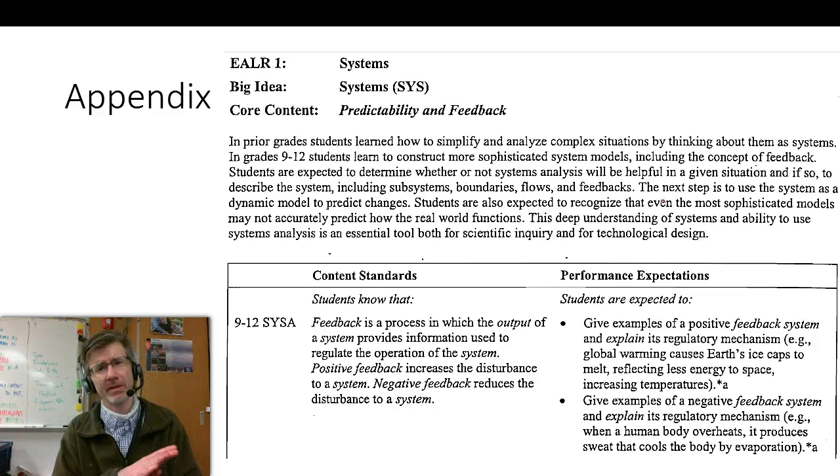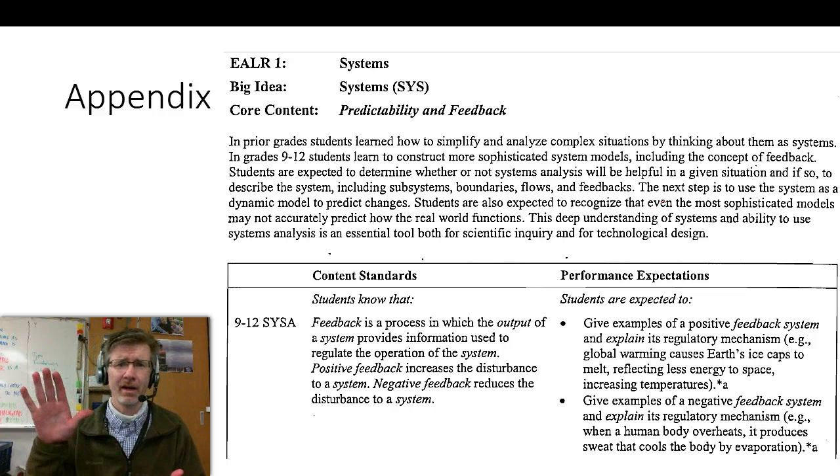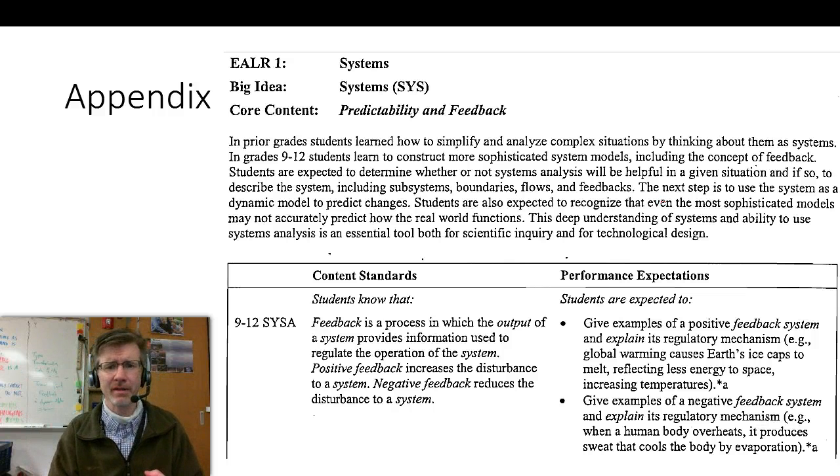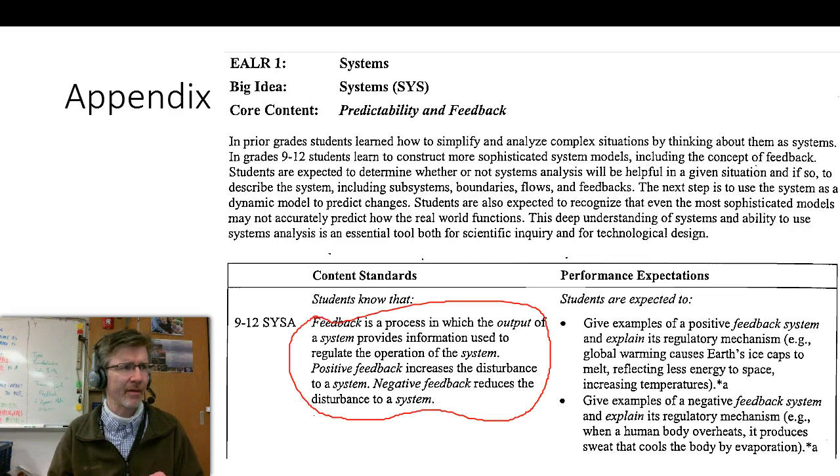All of this goes back to a state standard, a learning requirement called systems. SYSA: feedback, output of a system, input of a system, positive feedback, etc. So we're looking at this right here. Let me circle this, okay? Read that right there. That's what you need to know, and we're going to expect you to do the following.